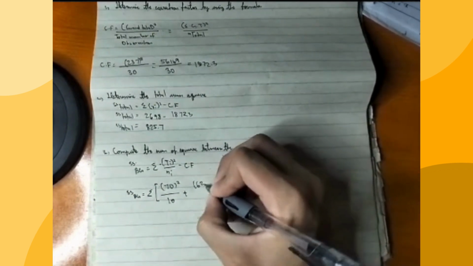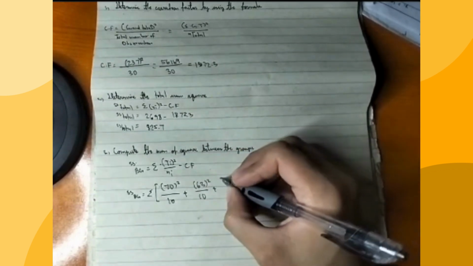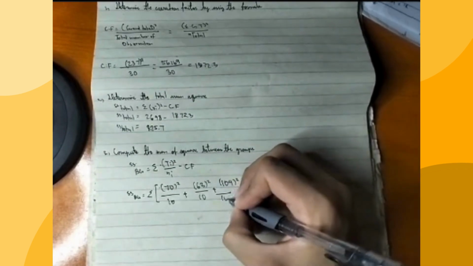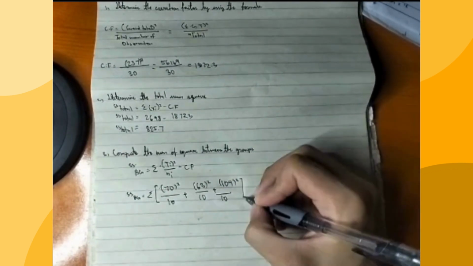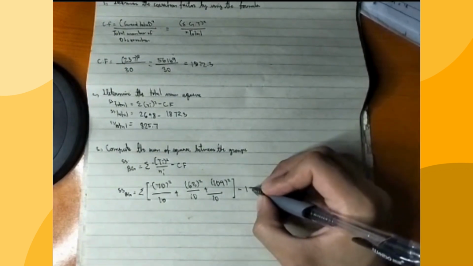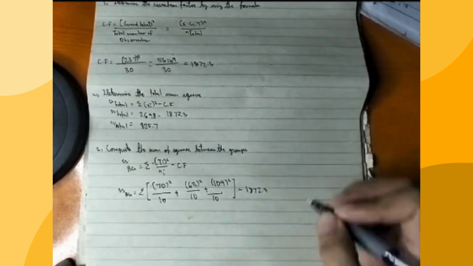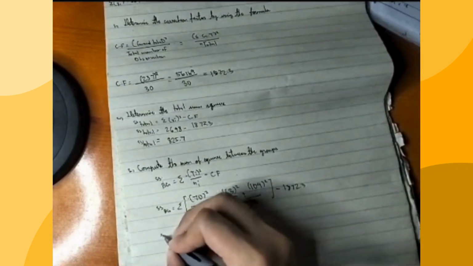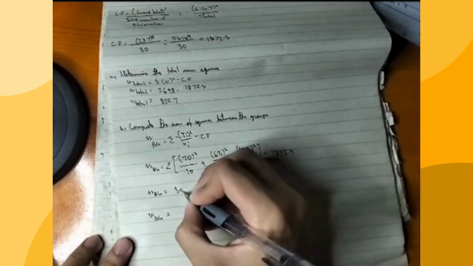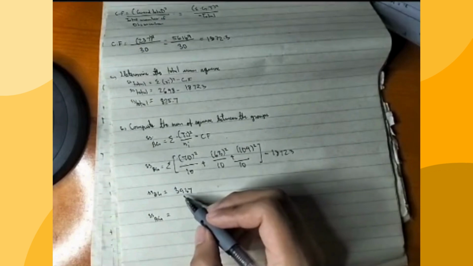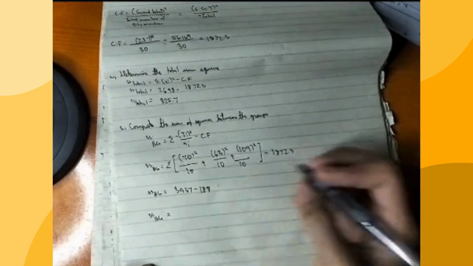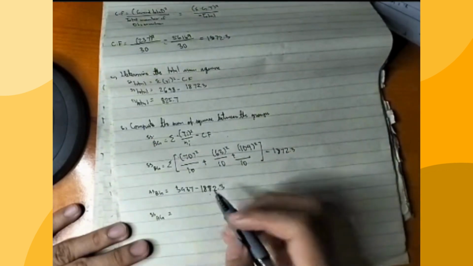The next one is 63 squared, and then the last is 104 squared. Then minus the CF, which is 1872.3. If we calculate all of this, we got 3937. So we're going to subtract 1872.3. If we subtract these two, we got 2064.7.